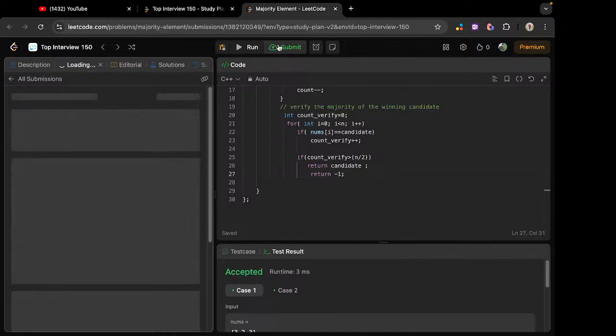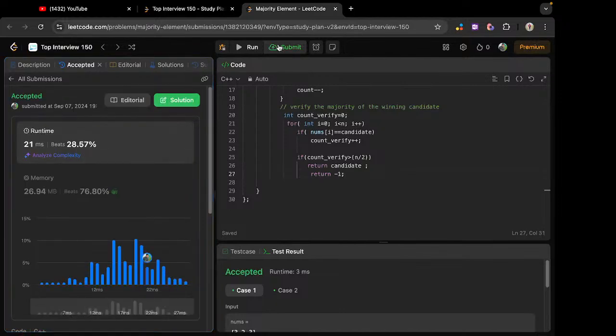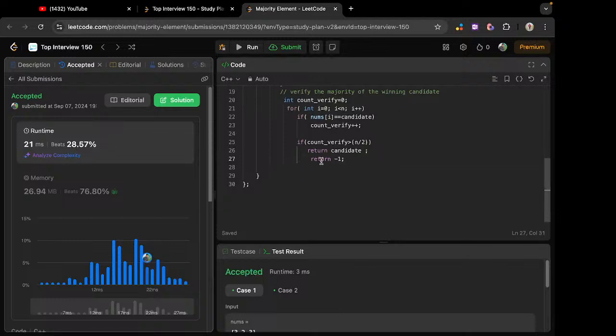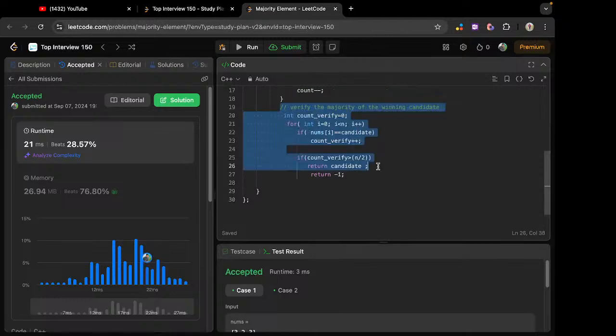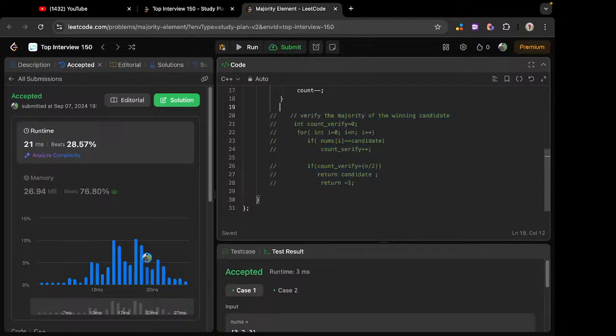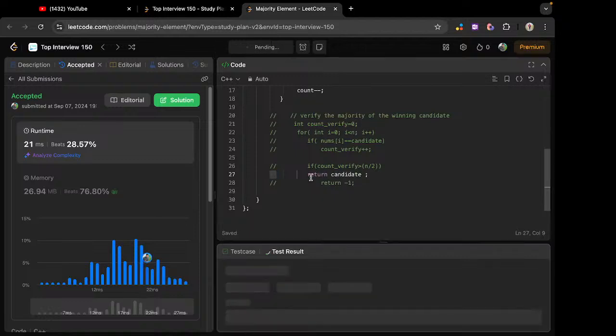Wow, it will be accepted, but beats only 8.57%. What if I remove this verifying? Let me comment it out and just return the candidate. Then what will happen?